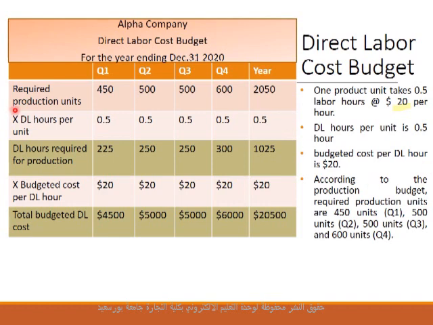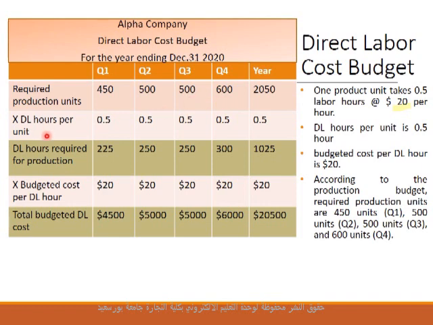We need to multiply required production units by direct labor hours per unit to get the direct labor hours required for production. According to the previous production budget, required production units are 450 units in the first quarter, 500 units in the second quarter, 500 units in the third quarter, and 600 units in the last quarter.